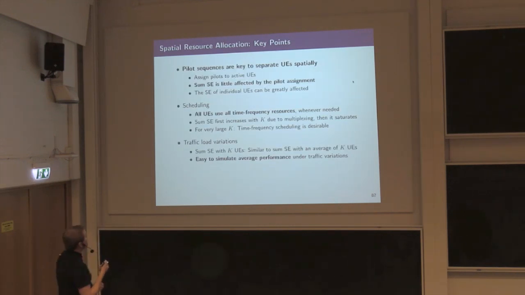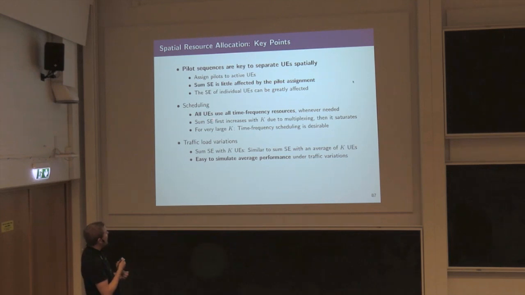So pilot sequences are key to separate users spatially. Sum spectral efficiency is little affected by the pilot assignment, but the individual users can be greatly affected. So that is very important to keep in mind when you assign pilots. In terms of scheduling, all users use the same time-frequency resources whenever needed is one claim.